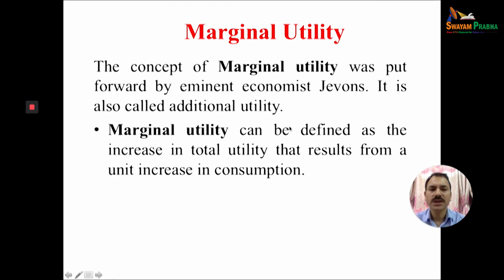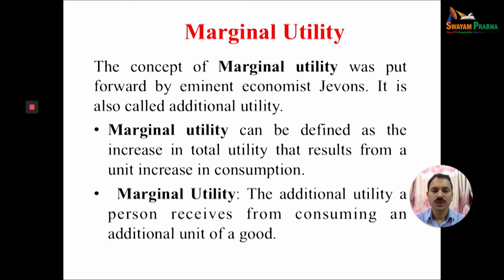Marginal utility can be defined as the increase in total utility that results from a unit increase in consumption. When you consume one more unit of the product, or maybe one less, there is an addition in the total utility. That is called marginal utility.